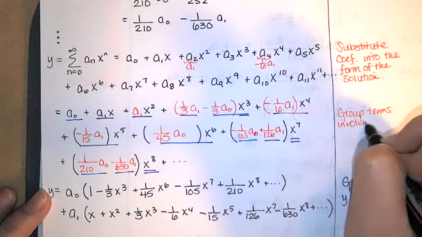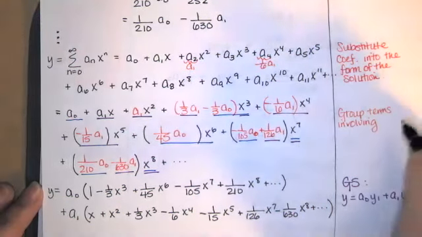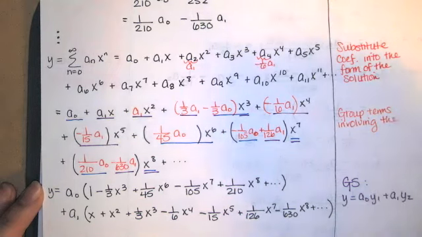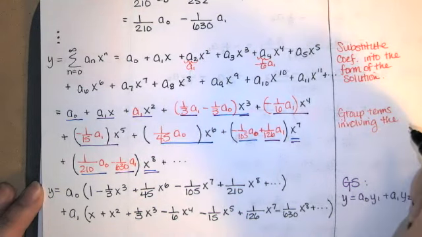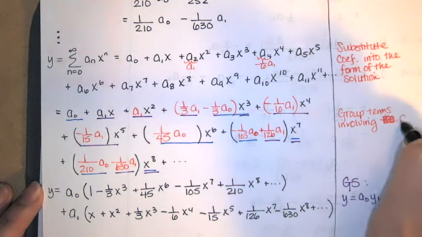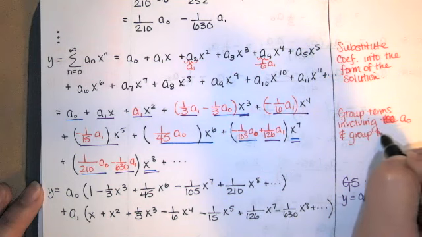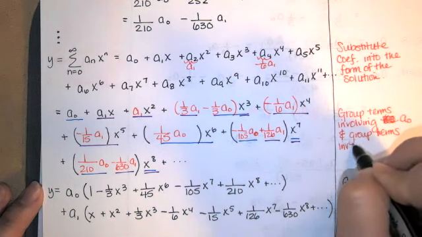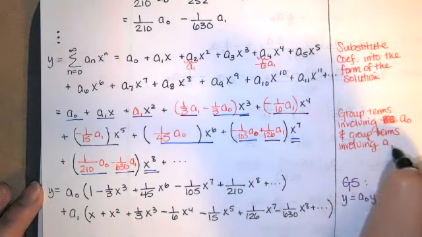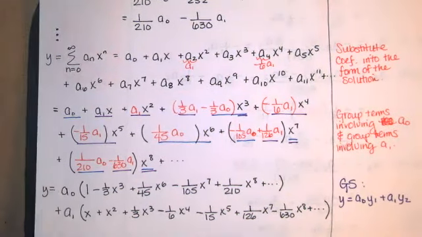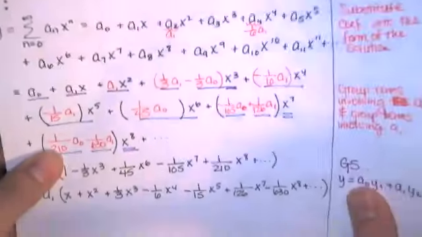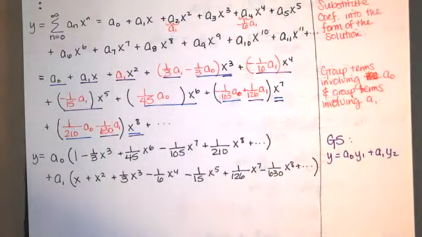So in general, you're going to group terms involving the first constant, I'm just going to say a sub 0 for our example, and group terms involving a sub 1. And then you're going to factor out a sub 1 and a sub 0 to get the general solution. Okay, so that is the general solution of the differential equation, but we need to state the interval where those series are guaranteed to exist.